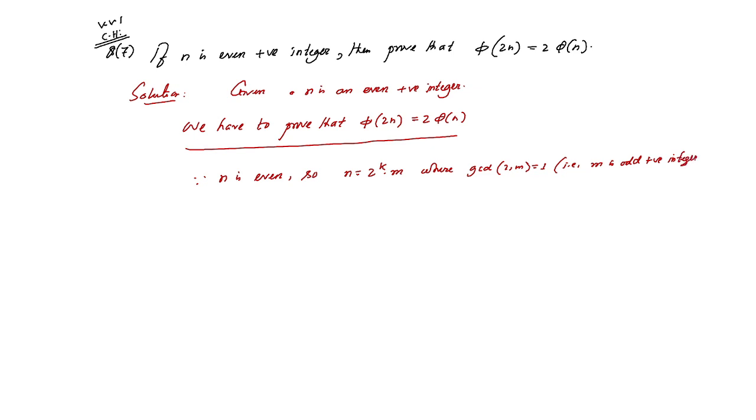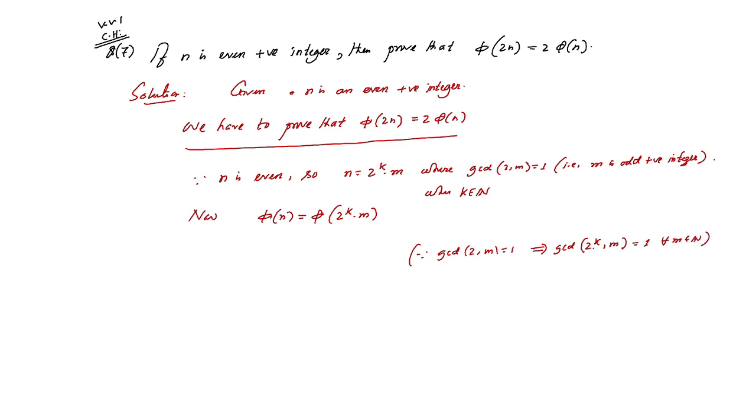So there is no factor of 2. Now we can calculate phi of n, that means phi of 2 to the power k into m. Since GCD of 2 to the power k and m equals 1, where k is a natural number, that is 1 for all m belonging to natural numbers, we can write phi of 2 to the power k into phi m.